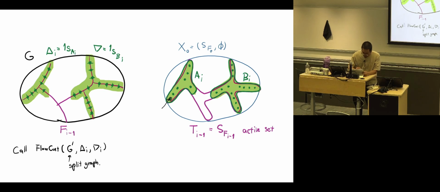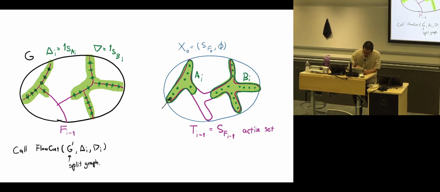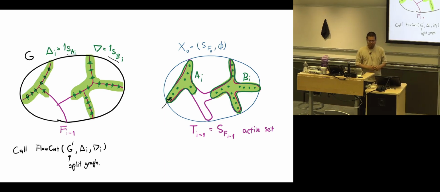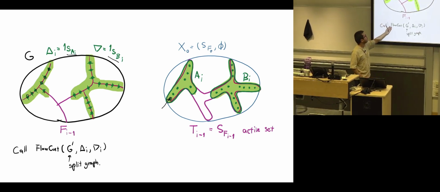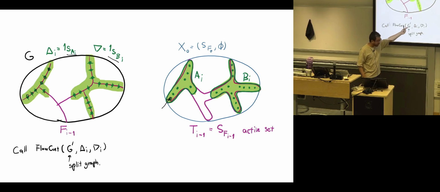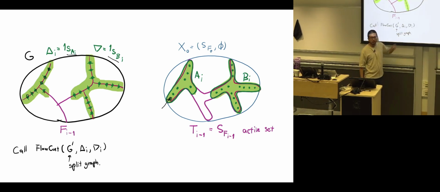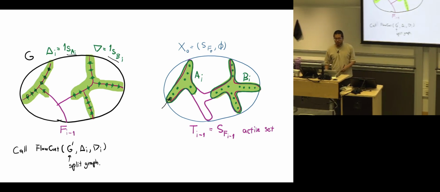For each split node in A_i, we look at the corresponding set here. We let the source be the indicator of the split nodes of A, and the sink be the indicator of the split nodes of B. So we try to send flow from A to B. We call max flow min cut in the split graph. Okay, so we do that.